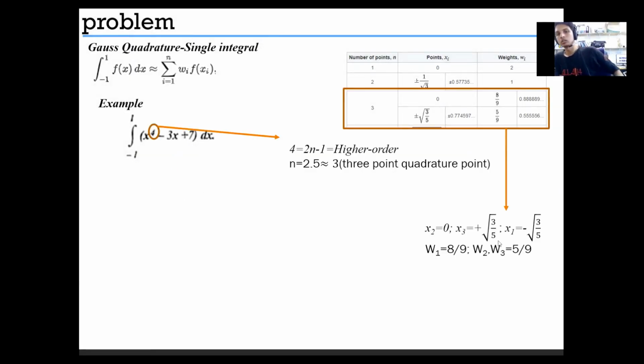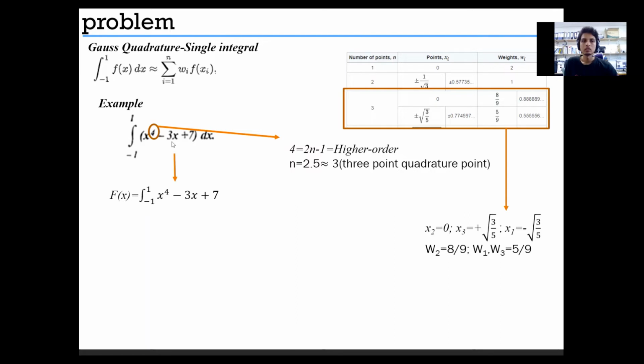Okay, the x1 will be minus root of 3 by 5, then x2 will be 0, then x3 will be plus root of 3 by 5. What about the w? So w1 will be 5 by 9, w2 would be 8 by 9, and then w3 would be 5 by 9.